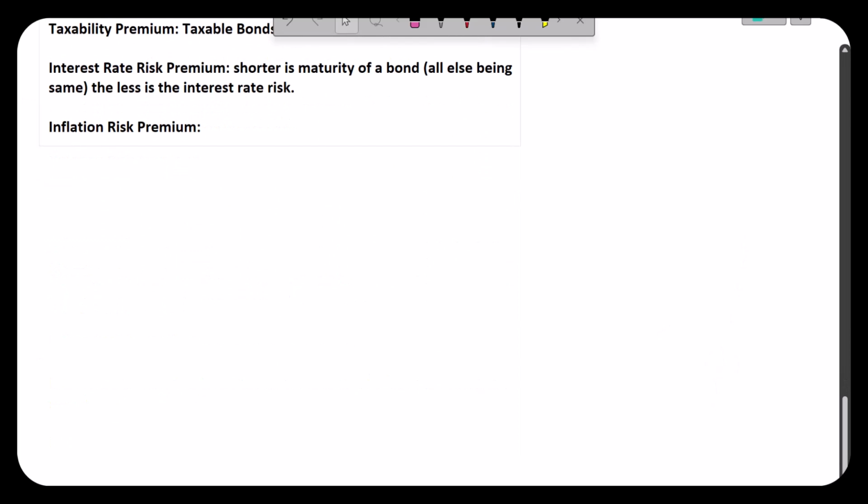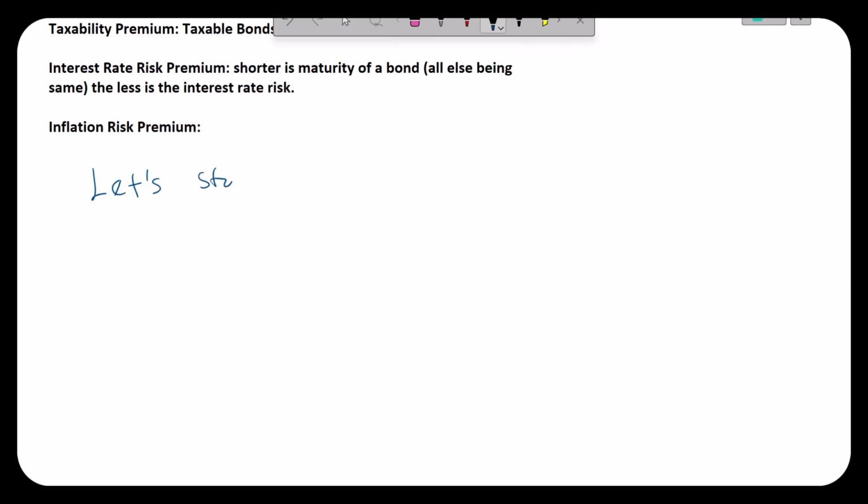So let's start with a real yield curve. So we're not worrying about inflation yet. And for the sake of argument, let's say this is the Treasury Inflation-Protected yield curve.